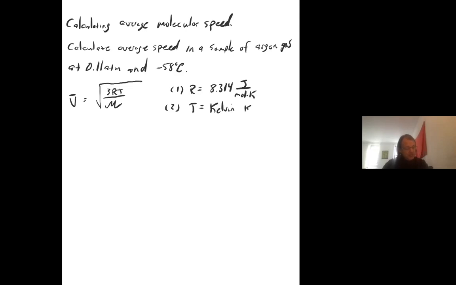So Kelvin equals Celsius plus 273.15. Third factor, this one's not as obvious. The molar mass needs to have units of kilograms per mole, not grams per mole. That's an important thing as well. That's a common mistake. It's probably the most common mistake when you see people do these problems.